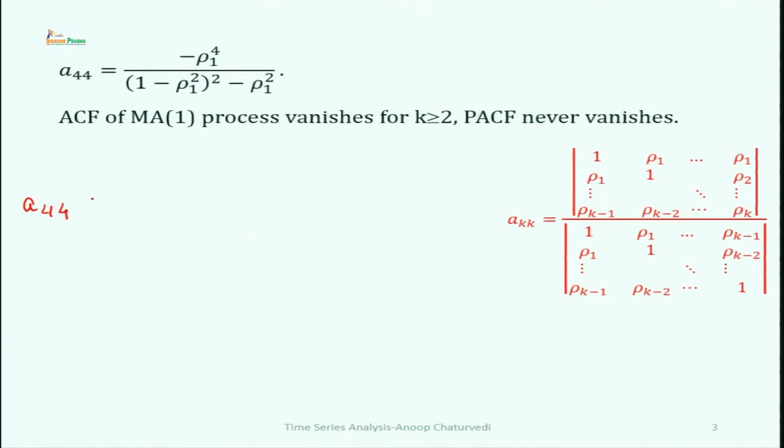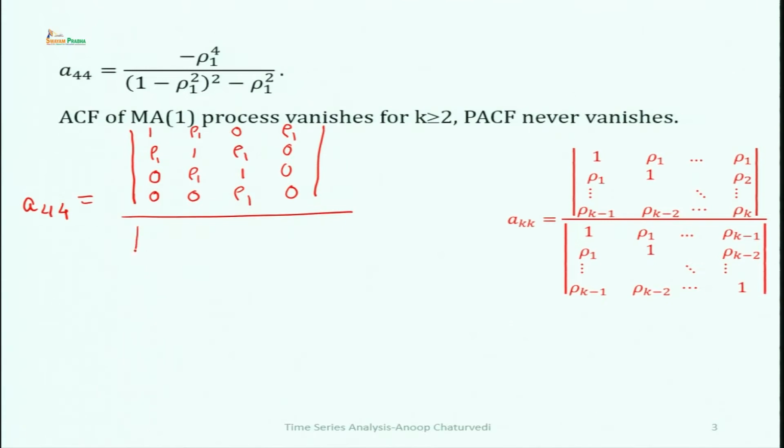A44 is actually equal to a 4 by 4 determinant in the numerator: 1, rho 1, rho 2 is 0, rho 3 is 0; then rho 1, 1, rho 1, rho 2 is 0; then 0, rho 1, 1, rho 1; and the last column is rho 1, and the rest of the elements are equal to 0.